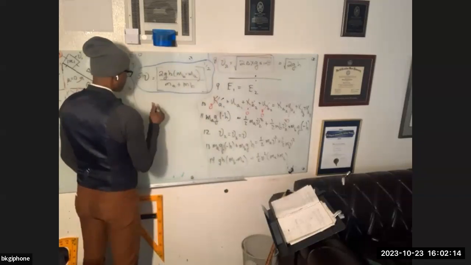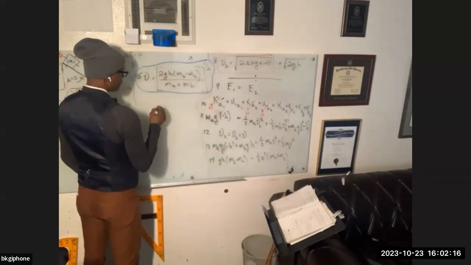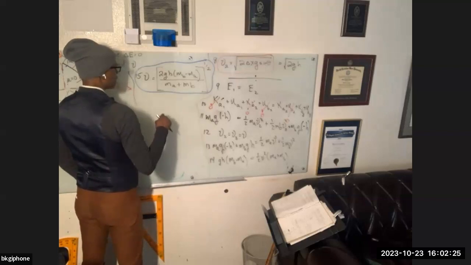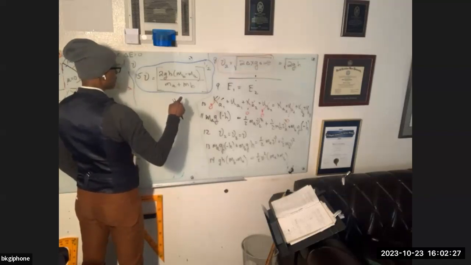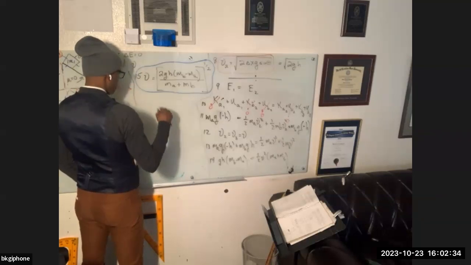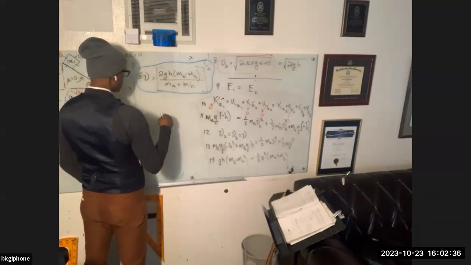So if I put in the fact that h is equal to delta x sine theta, we said over here, right? Sine theta is opposite over hypotenuse, delta x over h. So h is equal to delta x sine theta.